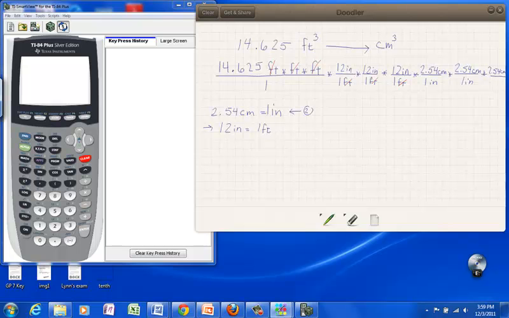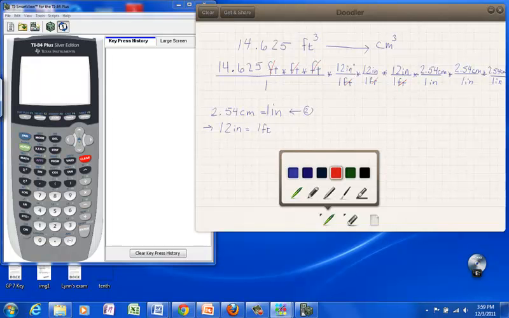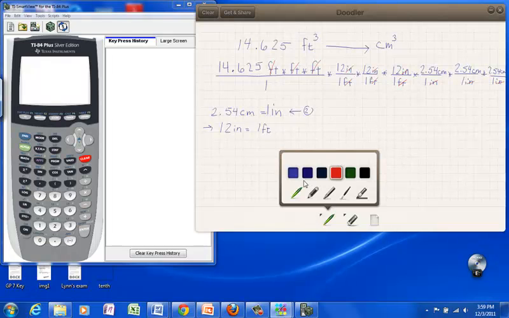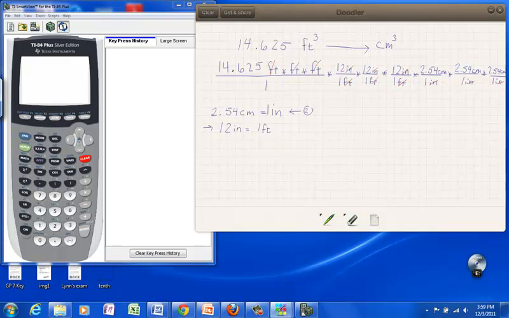And now each of these inches should cancel. So when you're looking at your units that are left over, we have centimeters times centimeters times centimeters, and one way to write that is centimeters cubed.